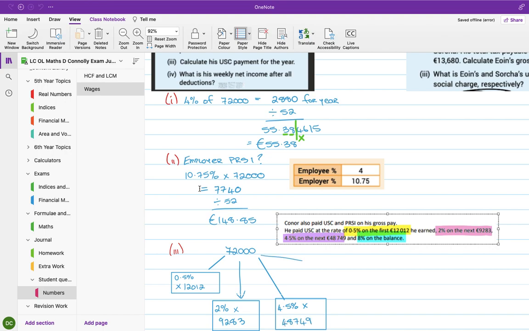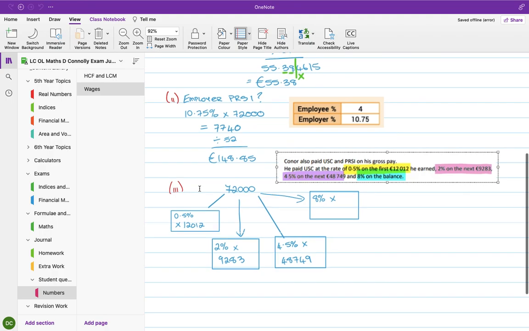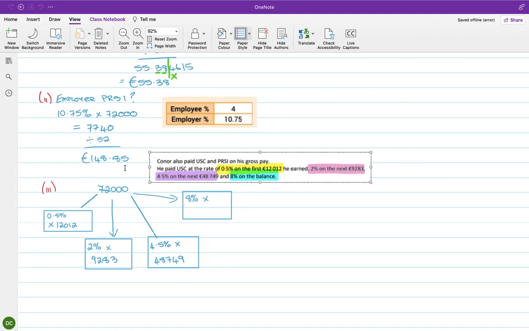And then the last one is 8% of whatever's left, if there's anything left. I don't know if there's going to be anything left.